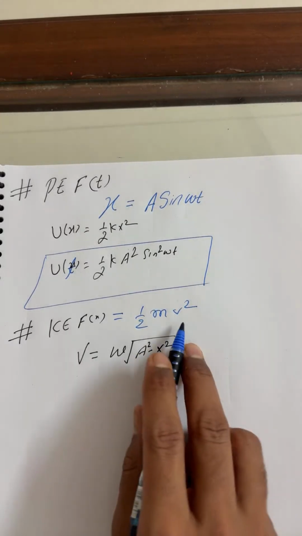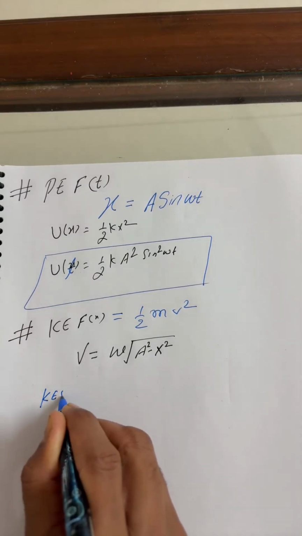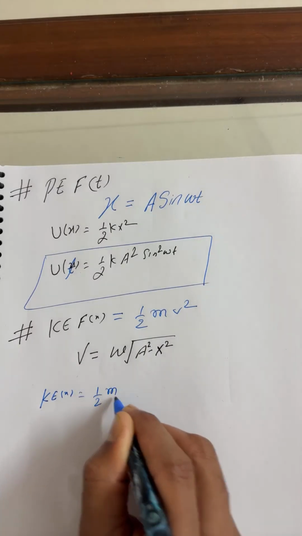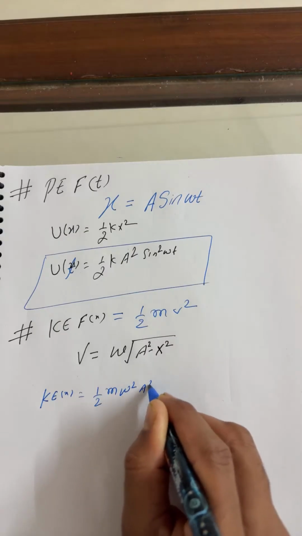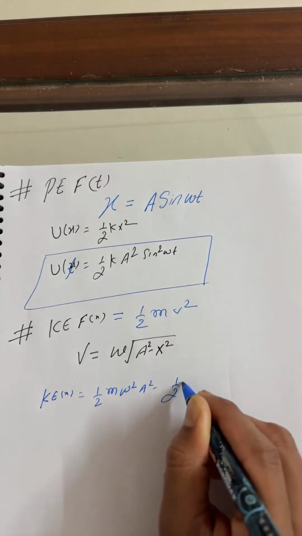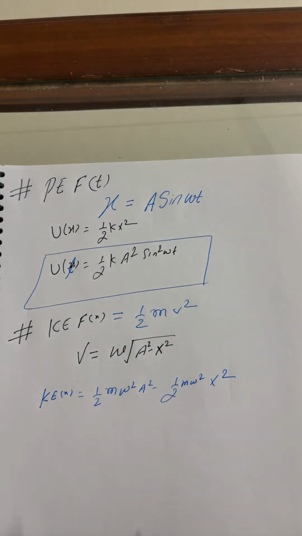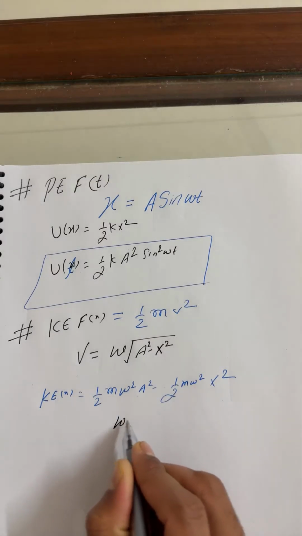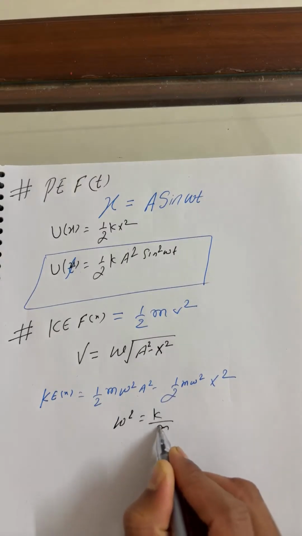Putting that over there, we finally get kinetic energy as a function of x: half m omega squared a squared minus half m omega squared x squared. Here I'm going to tell one thing: omega squared you can write as k upon m.